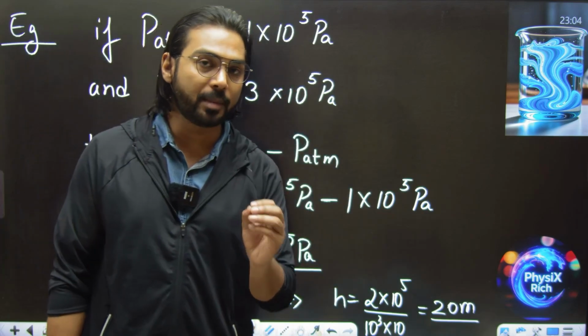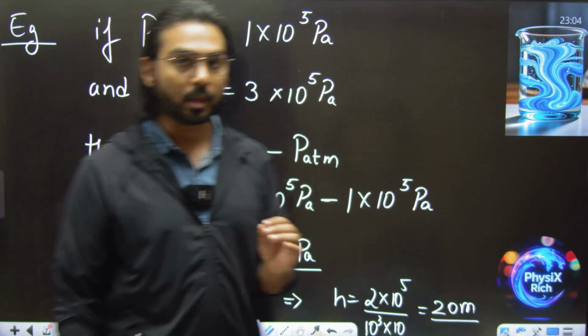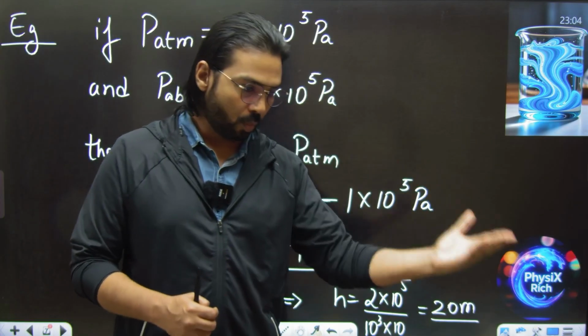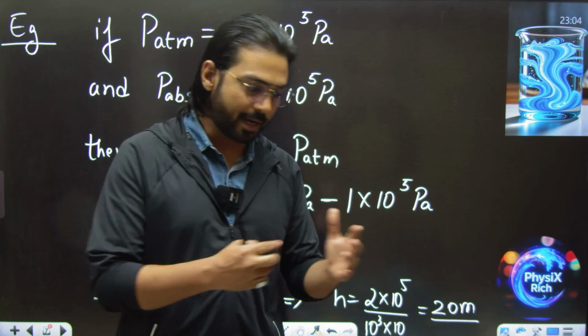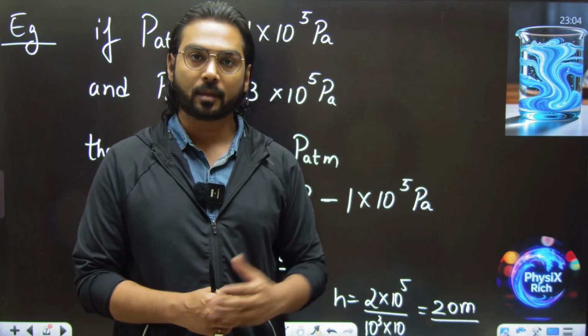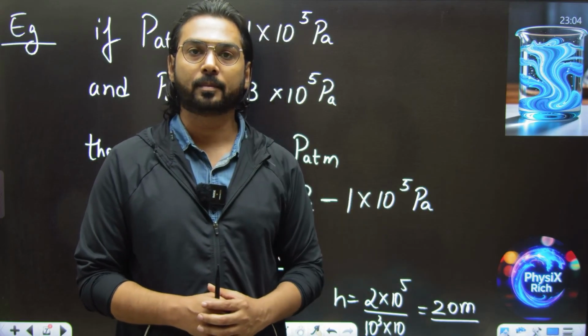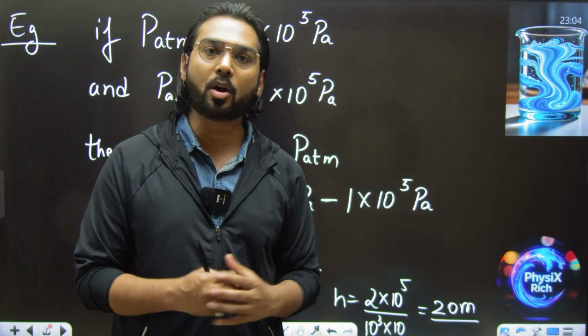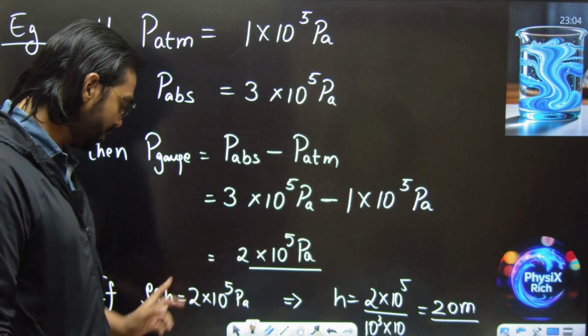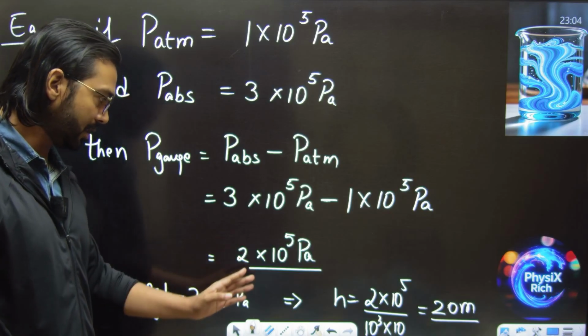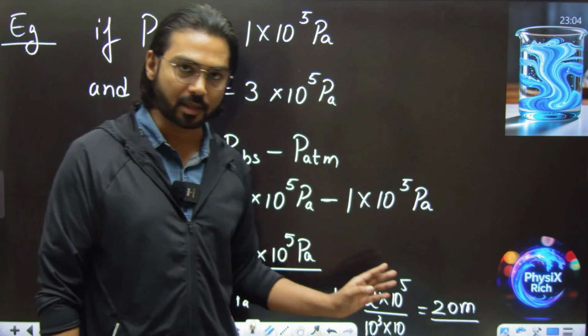It's a very common mistake that students make. If I ask them, what is the pressure at 20 meters depth in some water body? More often than not, students report this value. They find rho gh and find that this equals 2 into 10 to the power 5 Pascal.